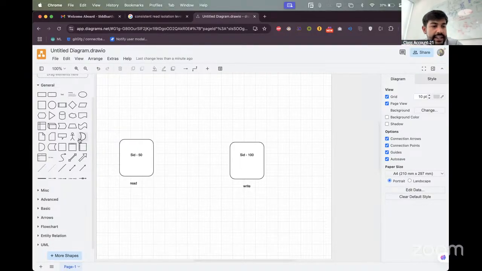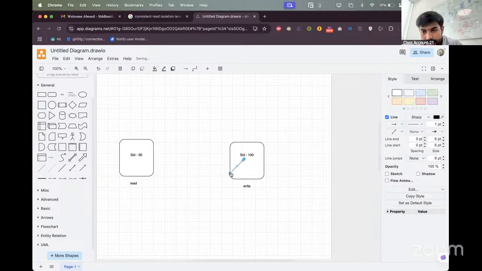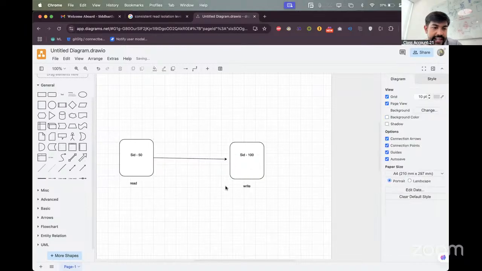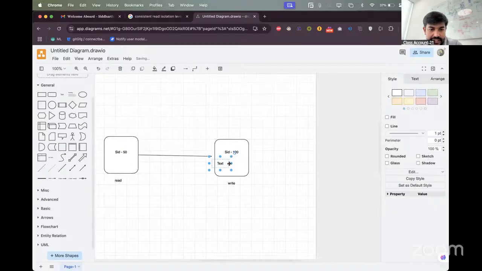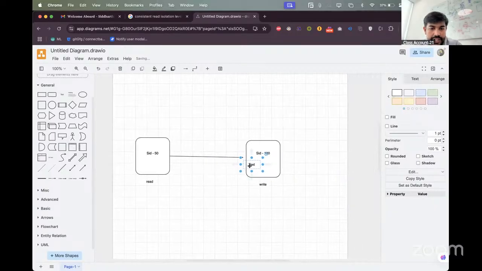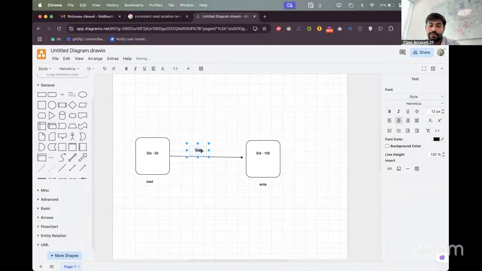So whenever there is a write in the database, it is also written in the read replica in two manners. One is sync and one is async. Let me explain both of them.